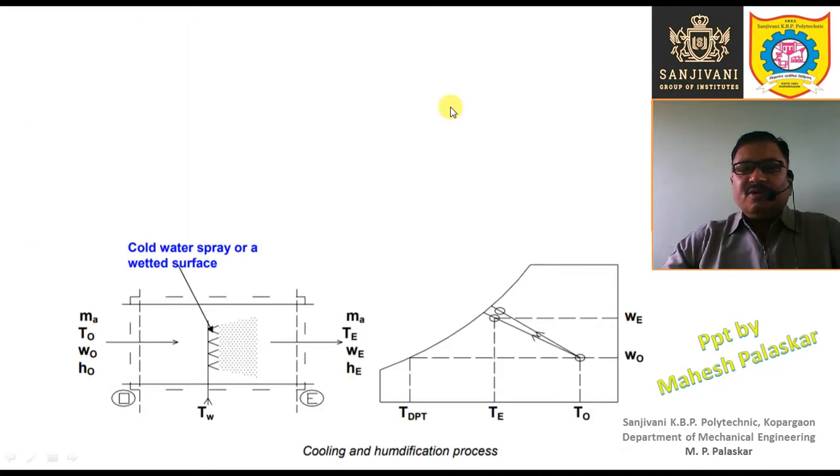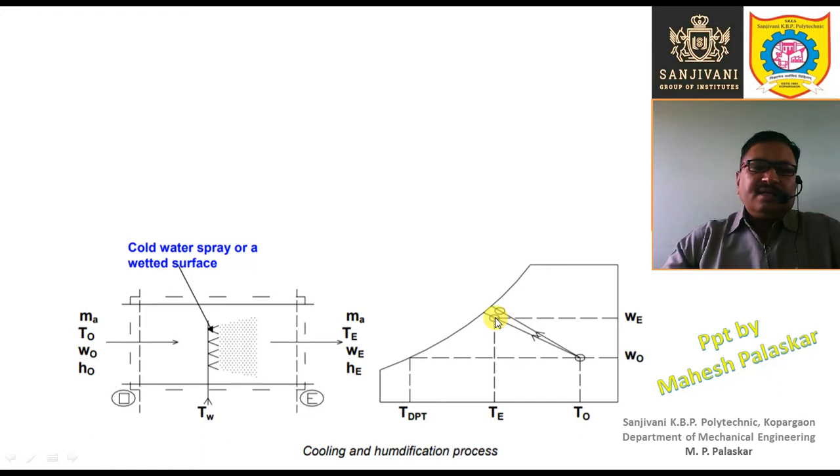Now let us study one more process, that is cooling and humidification. So this is the psychrometric chart. Here this arrow, which is pointing in the left and upward direction, represents cooling and humidification, right? So this is the initial point, this is the final point.